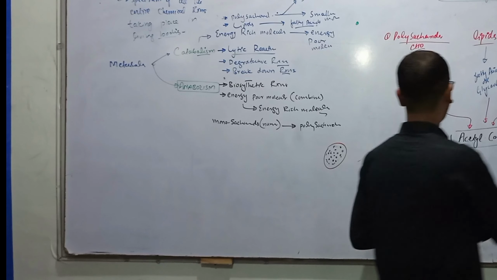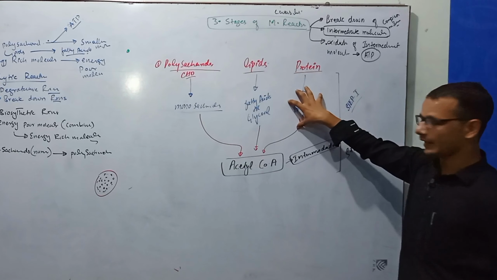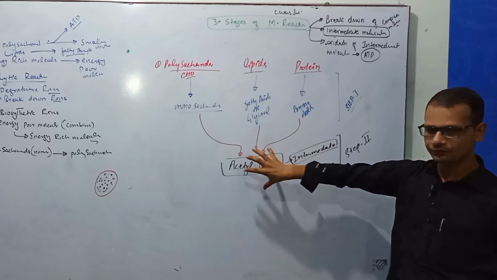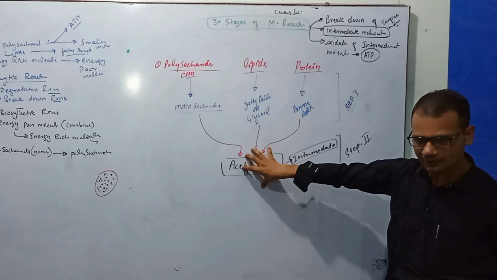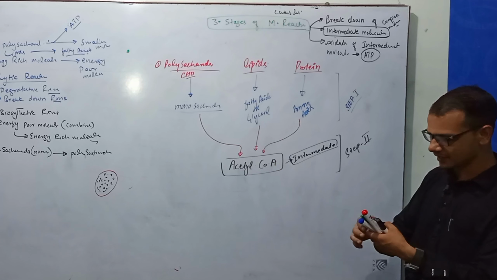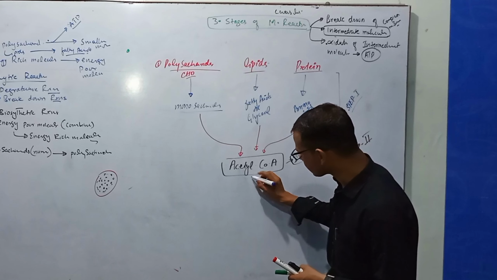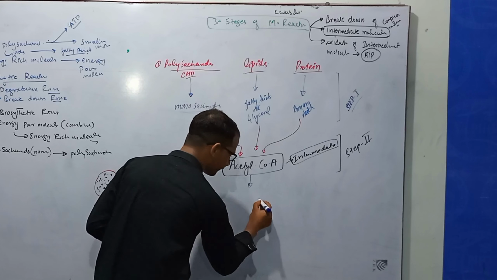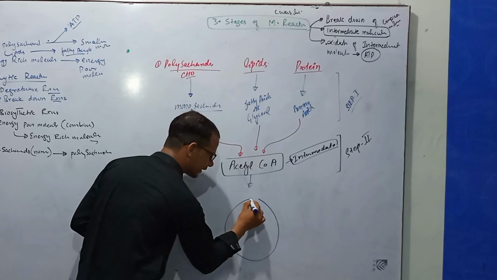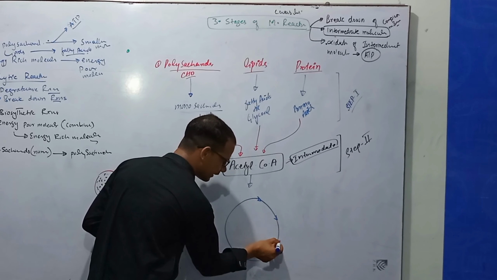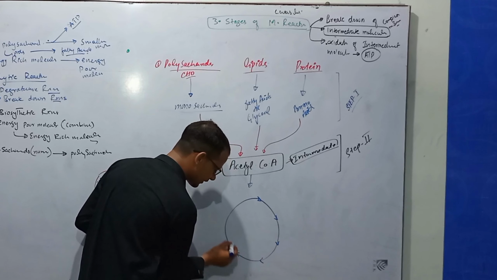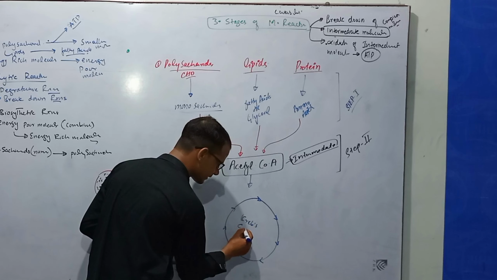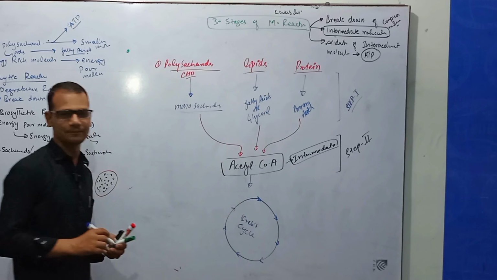So here all these entities, all these building blocks will be converted into acetyl coenzyme A, and this acetyl coenzyme A now enters the mitochondria and will undergo a very important chemical reaction which is called the citric acid cycle, or it is also called the Krebs cycle.